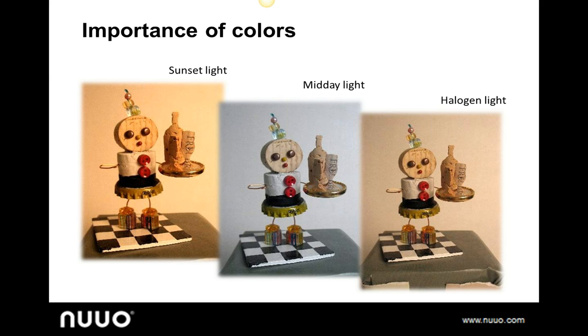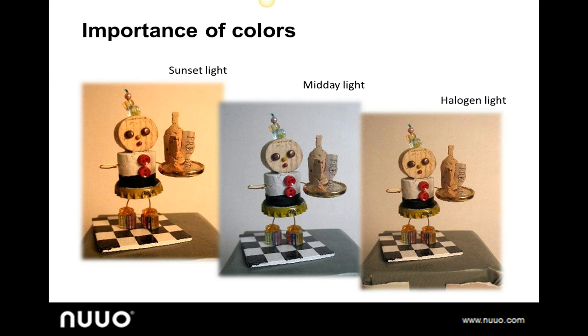So let's take a look at those pictures as an example. Okay, so the scene is captured by our eyes as mostly white. However, for a camera, due to the influence of the light color, the scene turns reddish or bluish.